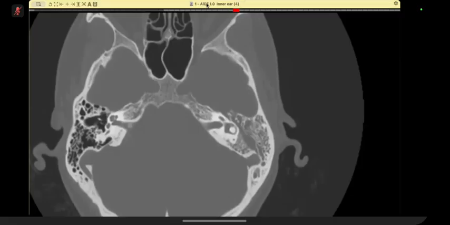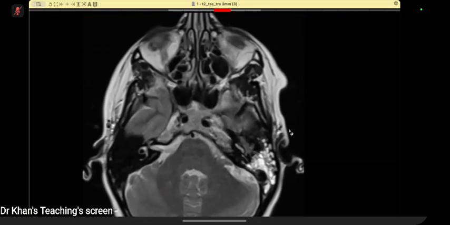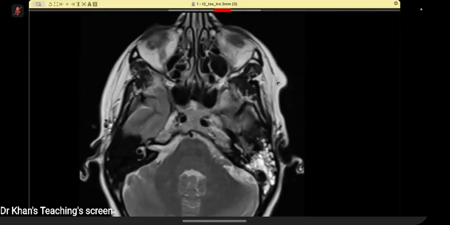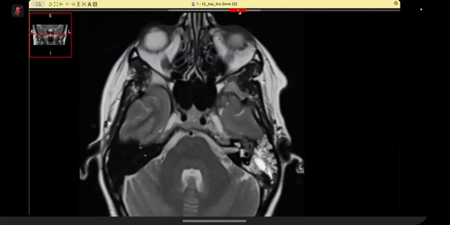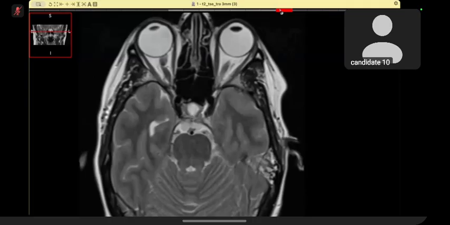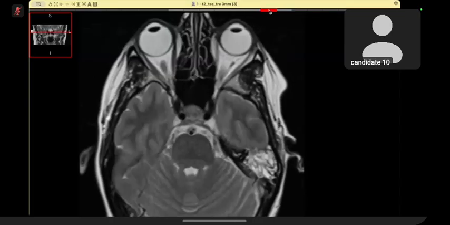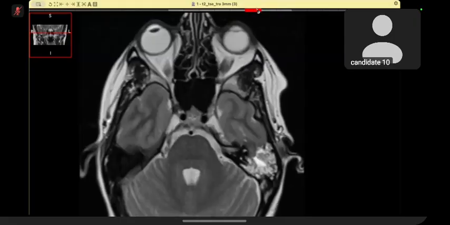Okay, so I have given you a T2 weighted sequence. Over to you. Scroll it, please. Okay, this is MRI T2, and I can see that there is effusion noted in the mastoid air cells.